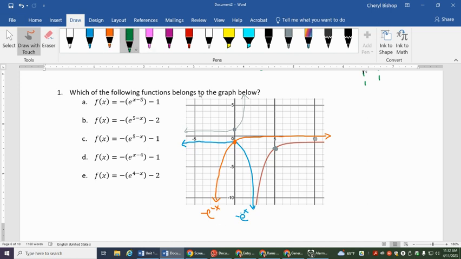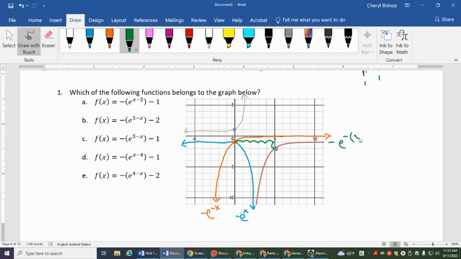And then from there, it's moved how far? To the right. How far? 5. And then it's moved where? Down 1.